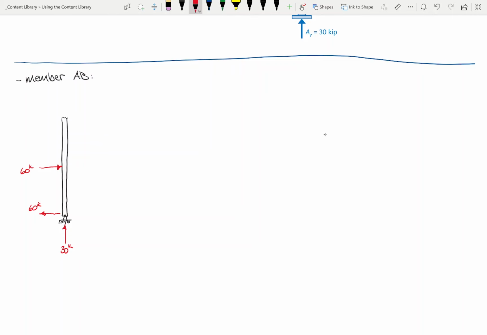In terms of dimensions, this is 10 feet, and this is 10 feet. All right, so let's label this joint A, or node A, since I threw that term out, and then we'll label this B.